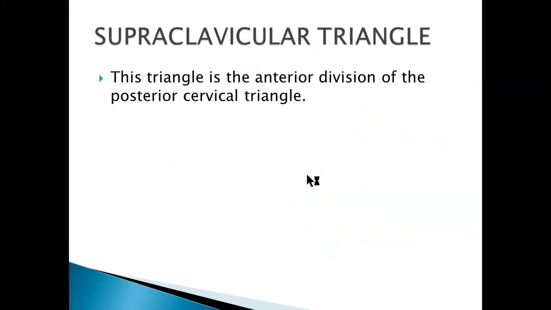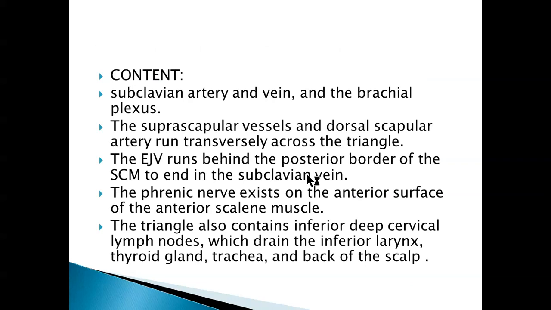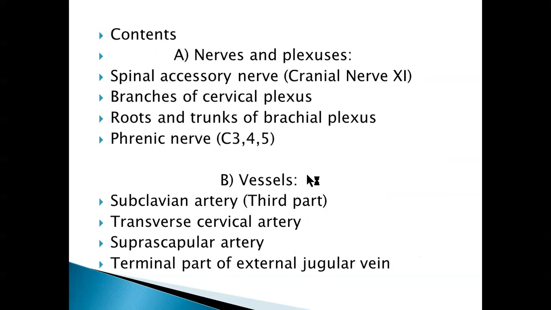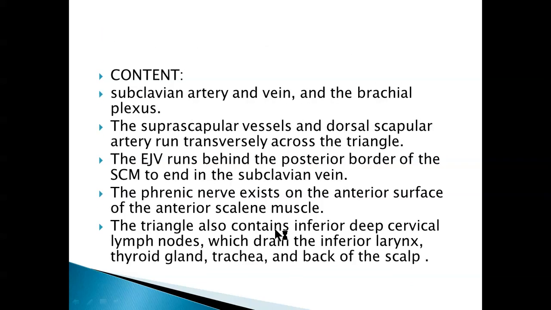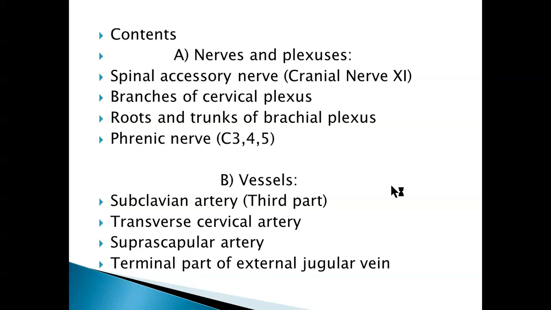Supraclavicular triangle is the anterior division of the posterior cervical triangle, or the inferior division of the subclavian triangle. All the contents which I have already talked about: subclavian artery, subclavian vein, brachial plexus, branches of cervical plexus, roots and trunks of brachial plexus, spinal accessory nerve, subclavian artery, transverse cervical artery.